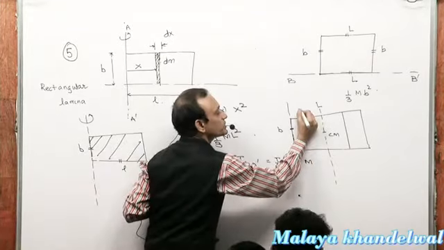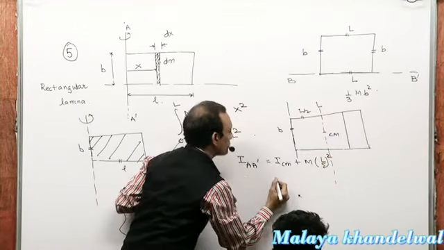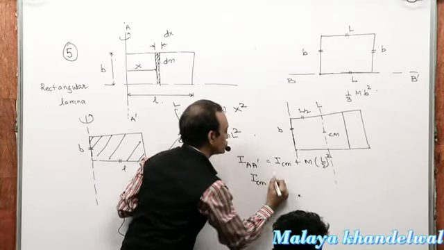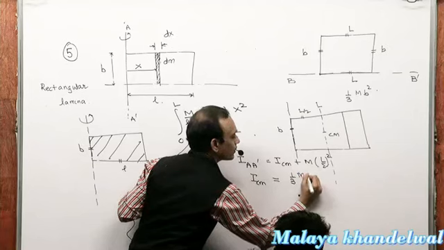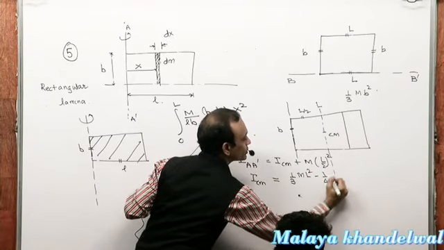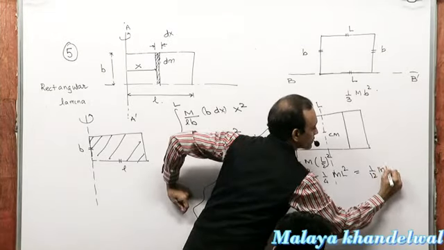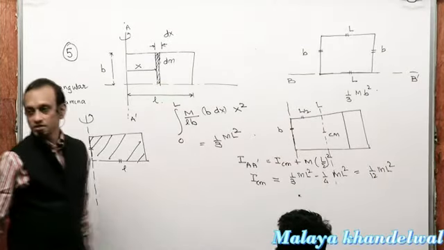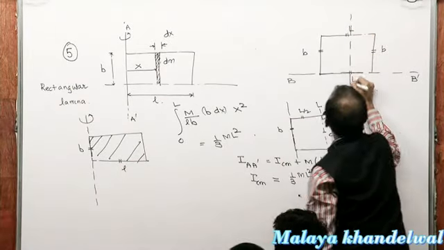This distance between the two axes is L by 2. So very clearly ICM is going to be I about AA prime, which is 1/3 ml squared, minus 1/4 ml squared, which is 1/12 ml squared. About this, it is going to be 1/12 ml squared.